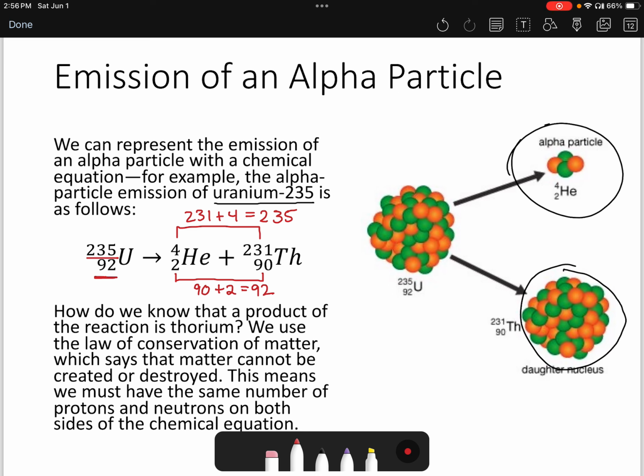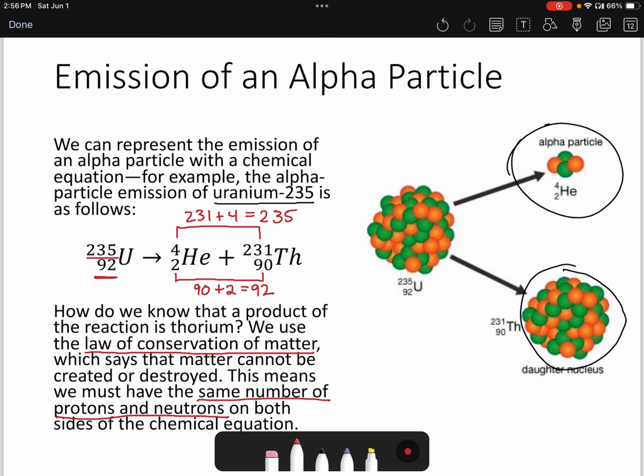So how do we know that a product of the reaction is thorium? So again, we're using the law of conservation of matter, which says that matter cannot be created or destroyed. So we have to have the same number of protons and neutrons on both sides of the chemical equation.